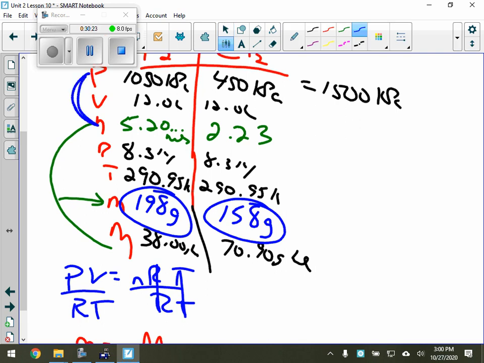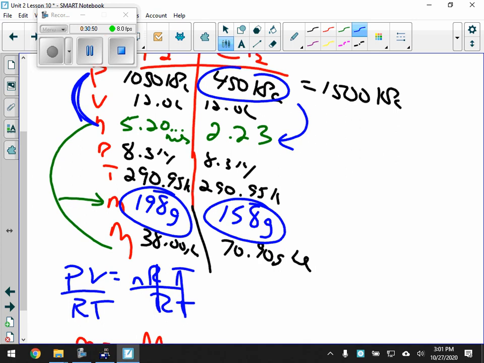If you just did the quick math on this, 1050 divided by 5 is about 200-ish, yes? Roughly. If this is 450, this times 200-ish should give you this, yes?